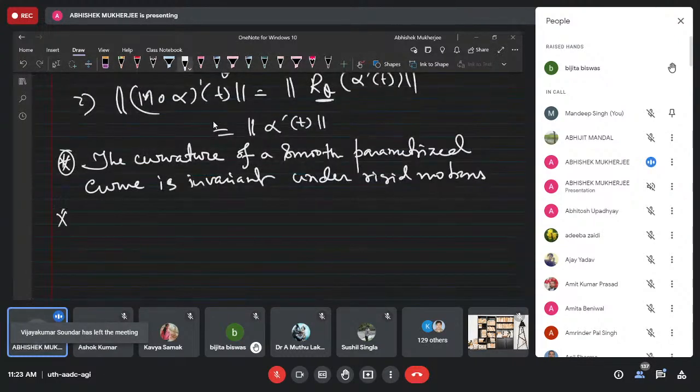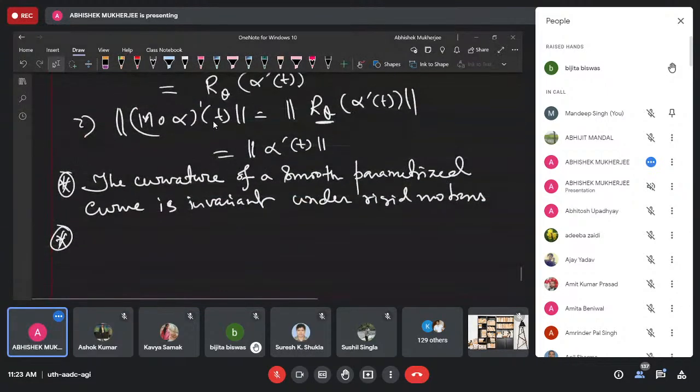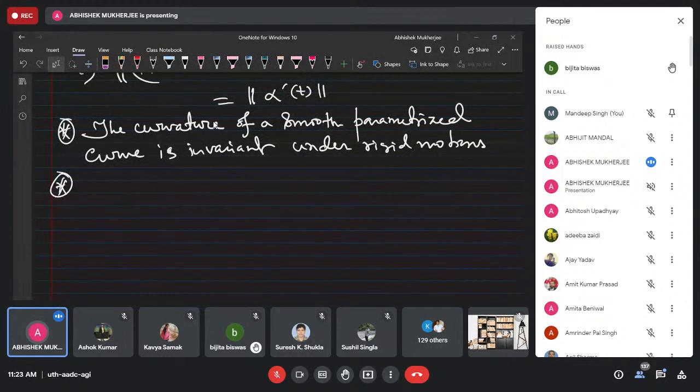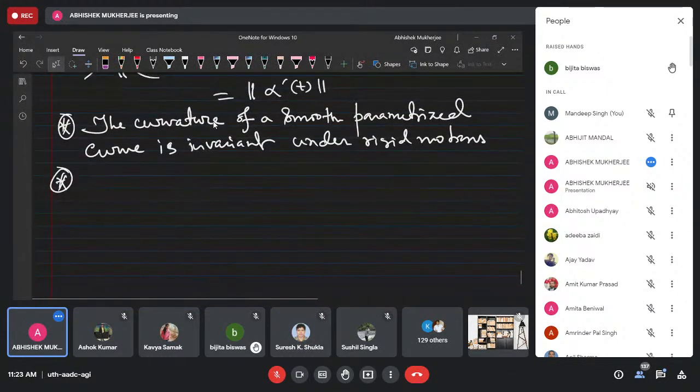And similarly, if you are thinking of torsion, that will satisfy the same property.